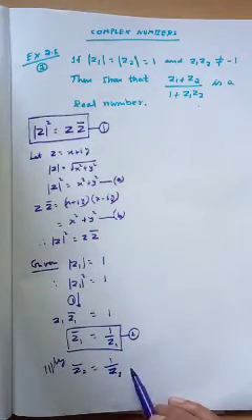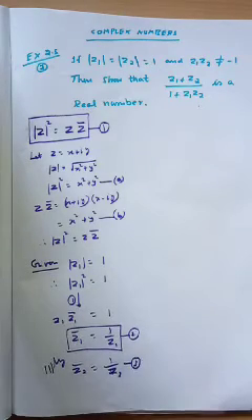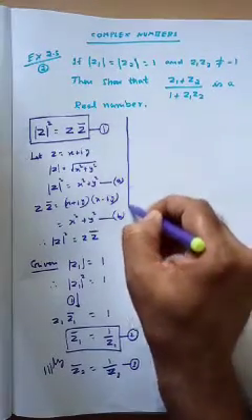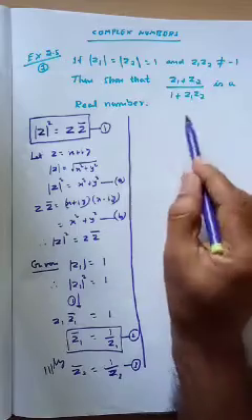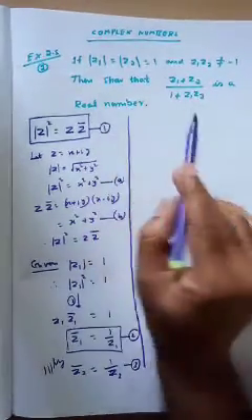So let us have this in mind. Let us name it as equation number 3. Using these results, we are going to do this problem. So now the problem given is, we have to show that this complex number is a real number.